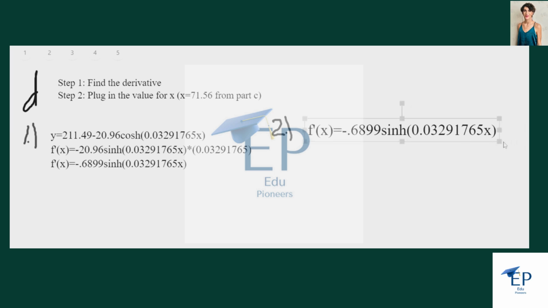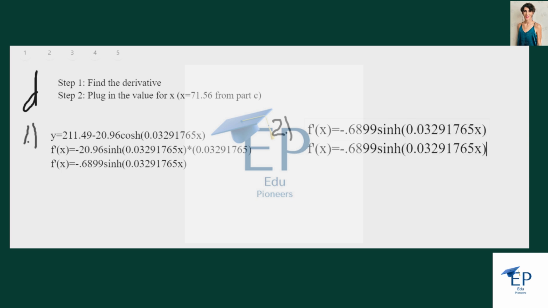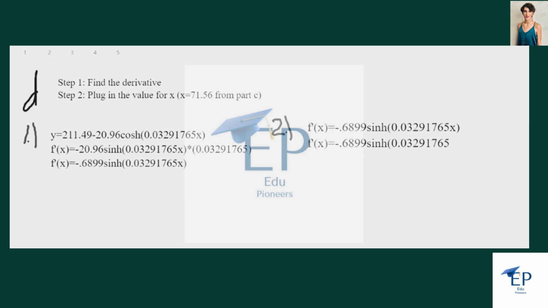And now we're going to plug in that x value that we need. So we are going to plug in, and I'm going to do it in red. We are going to have this and times our value for x, which is 71.56. We're going to have a plus and minus here again.